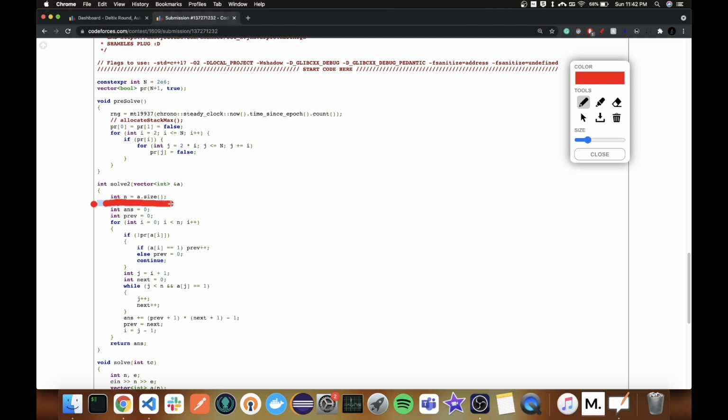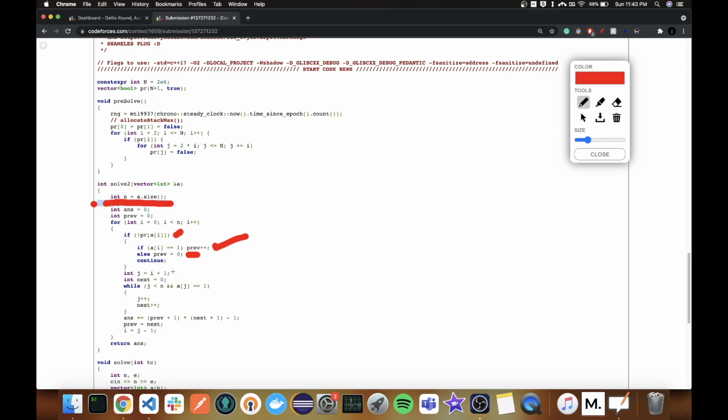So yeah, forget this. I'm storing the immediate previous number of ones, and if the current number is 1, then I increase previous, otherwise I set it to 0 because now the streak is broken, and then I continue. Now if my number is prime, first of all I check if it is not prime.